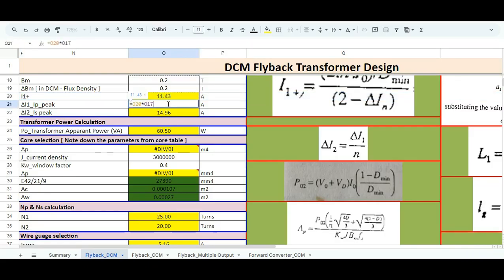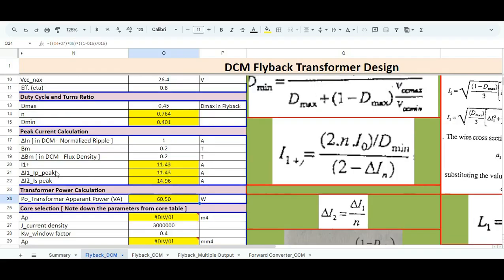Then I'm multiplying the I1 plus with the normalized ripple current to get delta I peak, the change in your current from 0 to 11, so it is coming around 11.43, the same as your I1 plus. And your secondary peak current, delta I2, I am going to calculate.